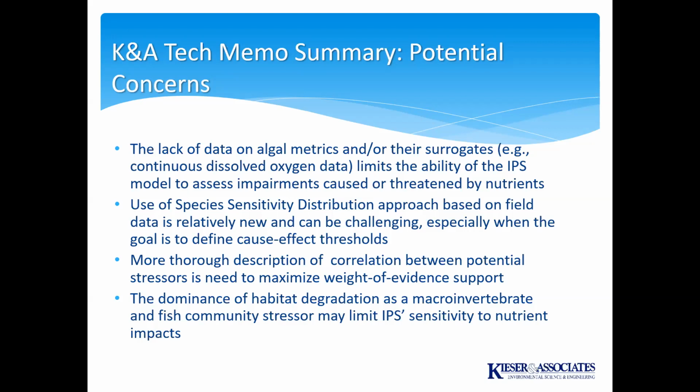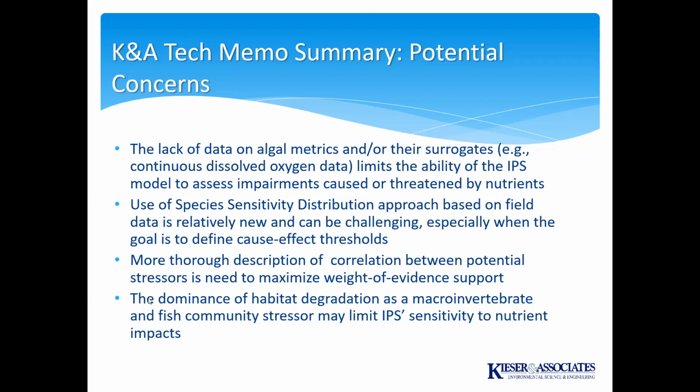What I mean here specifically is from field data, this won't be a surprise to anyone on this call, but the challenge is to get it right with respect to what is the cause of the biological impairment that's being observed, and several pollutants can move up and down together in terms of their concentration or their potential impacts. So trying to tease that out from field data is a challenge.